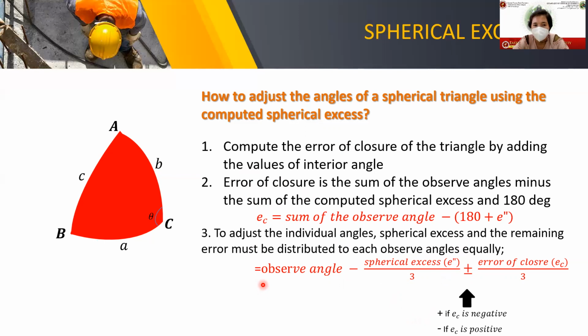I will give you a sample problem on this topic in the learning task assessment. So just follow the workflow on how we adjust the angle. I think that's the end of the mathematics of the sphere. You just practice on Napier's rules, the law of cosines and the law of sines.